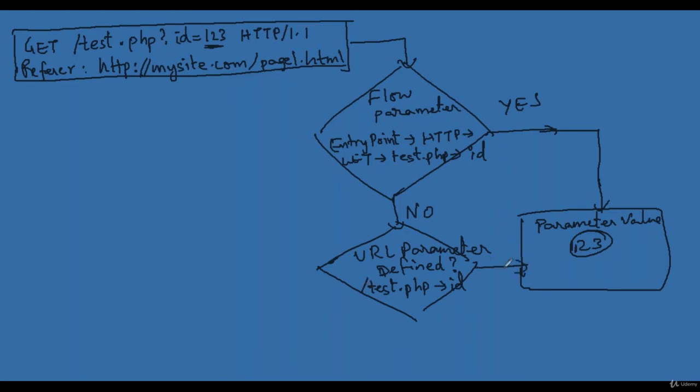And if it is defined, then it will check, okay, for this parameter, do we have this value which is allowed? Or if it is not present, let's say you have not defined a URL parameter as well, then it will check whether any global parameter is defined.